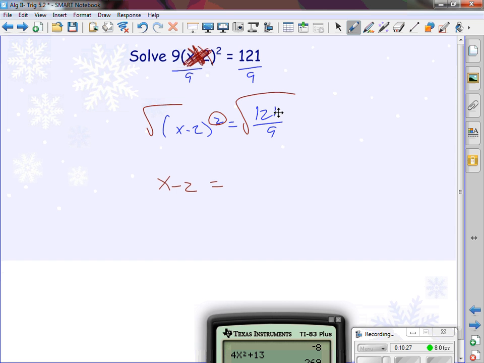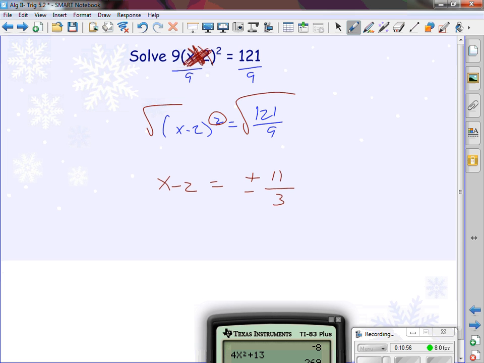Do I know the square root of 121? What is it? Square root of 121 is 11. What's the square root of 9? 3. So I have plus or minus 11 thirds. I have x minus 2 equals plus or minus 11 thirds.